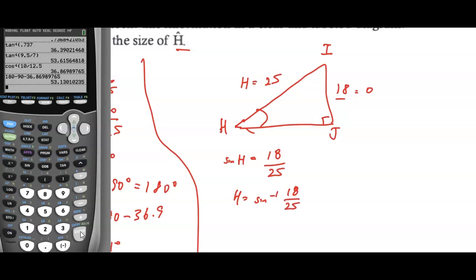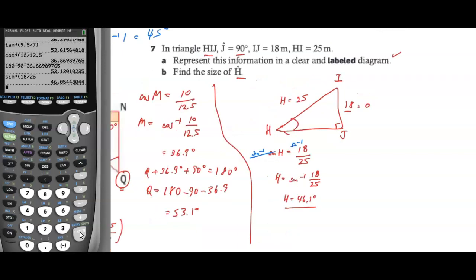I took the inverse sine of both sides, and then I canceled those out. Okay, so I'm going to do inverse sine of 18 divided by 25. 46.1 degrees. And that's it.